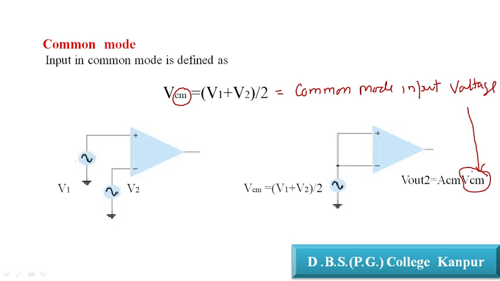Now you well know this is the 741 IC, with supply voltage VCC and minus VEE, and this is your output.